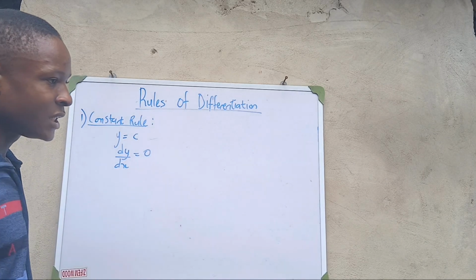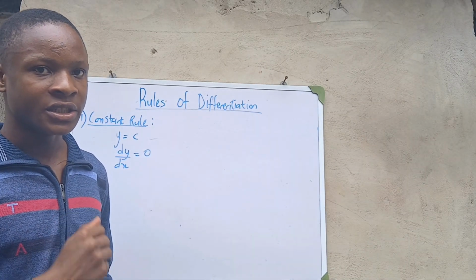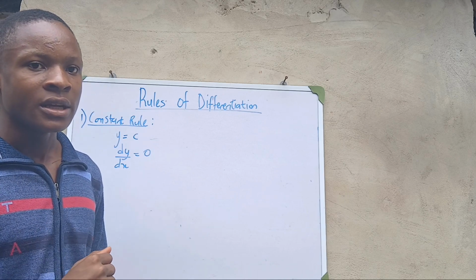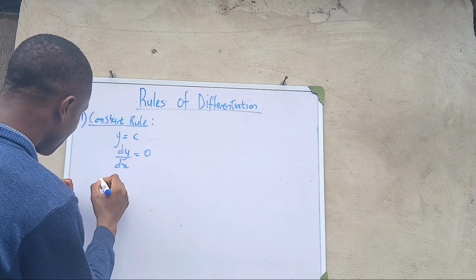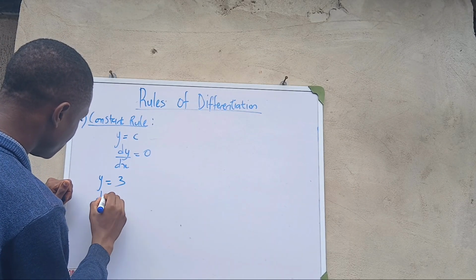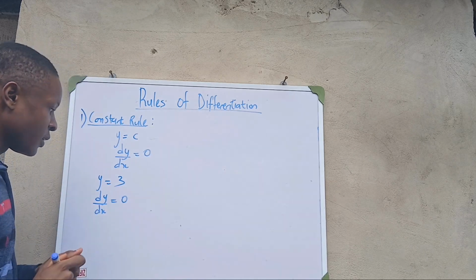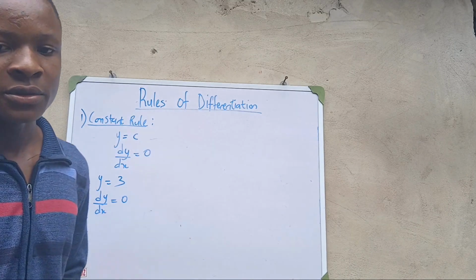What this is trying to say is that when we differentiate a constant, we get 0, for any constant. Let me give you an example. If we have y is equal to 3, then dy over dx is the same as 0. That is what it's trying to say. When you differentiate a constant, you have 0.